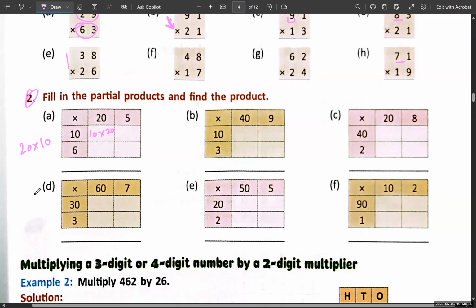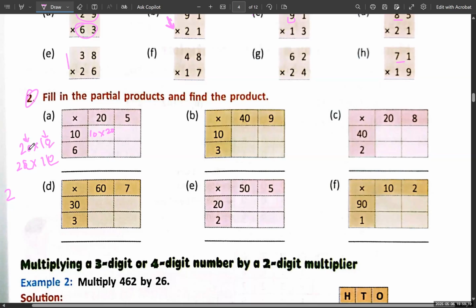We did one of these questions where we were using zeros. How do we multiply when there are zeros? Okay, I'll tell. We have 20 times 10. I'll remove the zeros, and without the zeros, I have 2 into 1. So 2 into 1 is 2 only. Now, what was the total number of zeros?